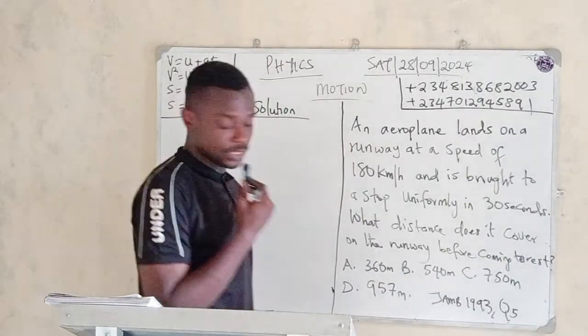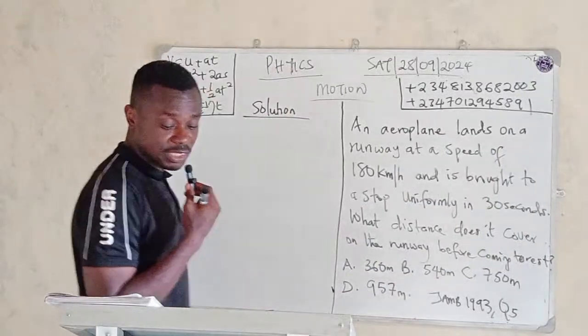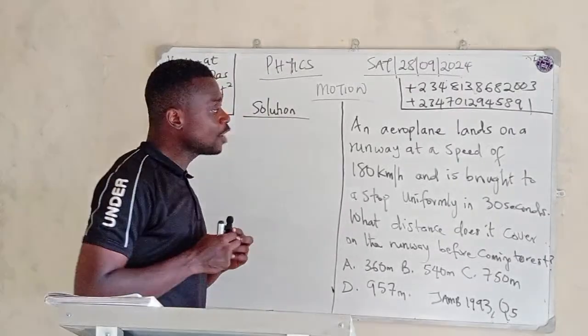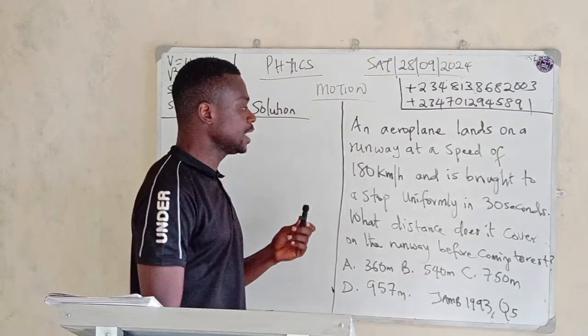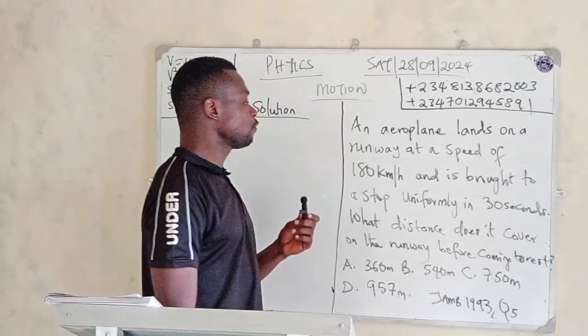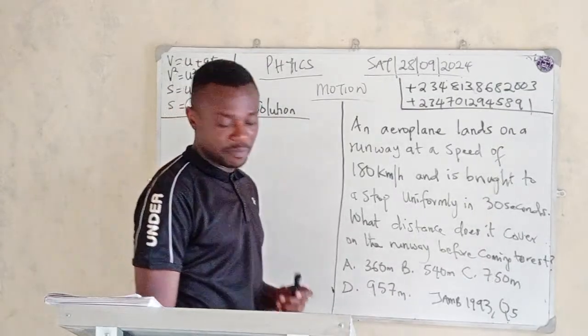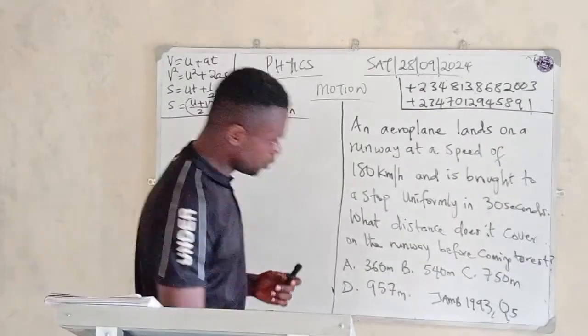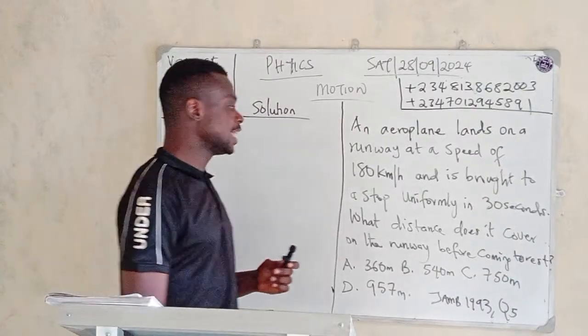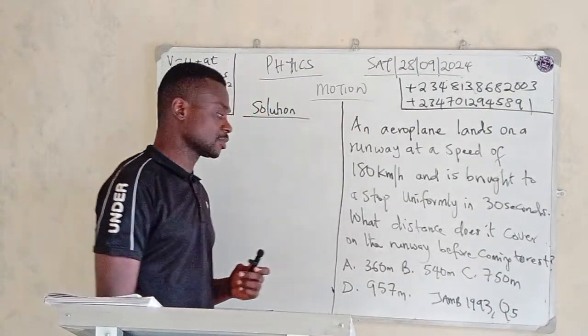Let's look at the question. The question says, an aeroplane lands on a runway at a speed of 180 kilometers per hour and is brought to a stop uniformly in 30 seconds.